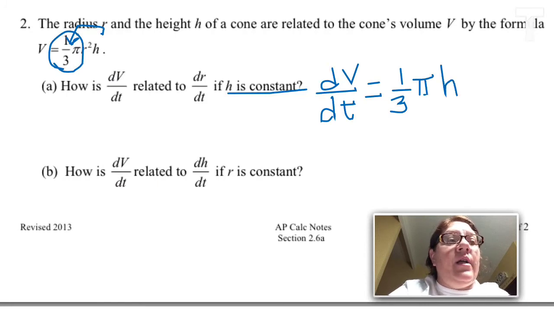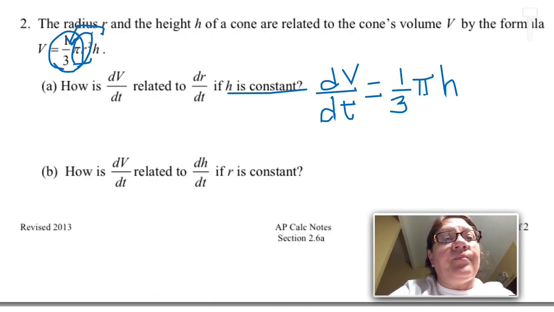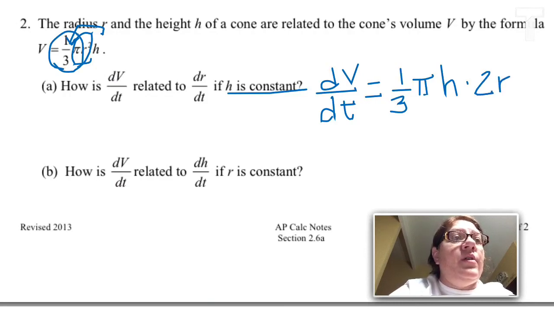So the only thing I really need to take the derivative of is the r squared. So when I take the derivative of the r squared, of course, I have to power down. So 2r to the first, and then dr/dt.